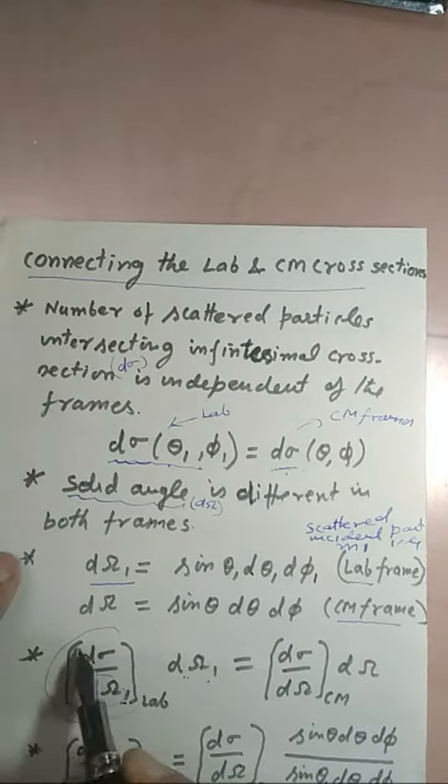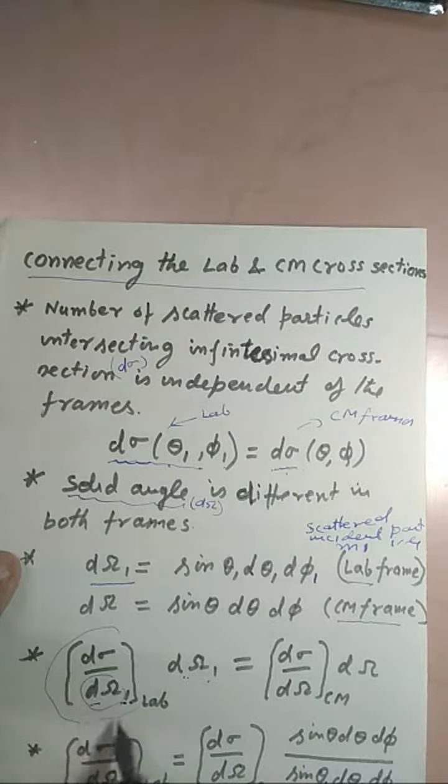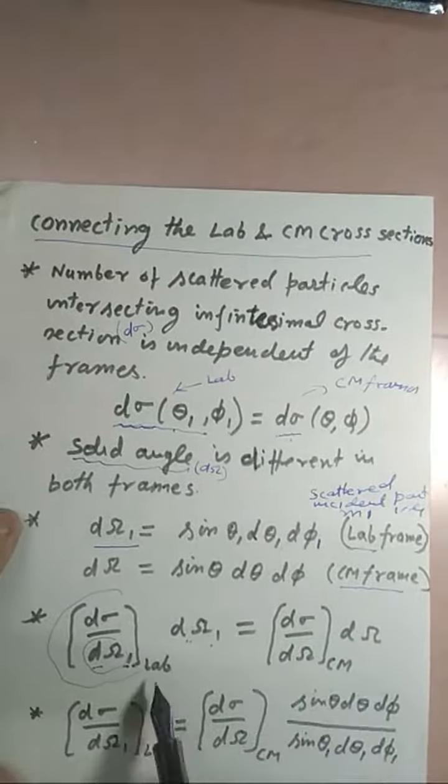If I rewrite in this fashion, this quantity is representing the differential cross section in the lab frame, and this represents the differential cross section in the center of mass frame. So we got this relation.